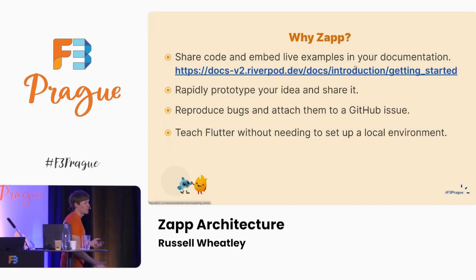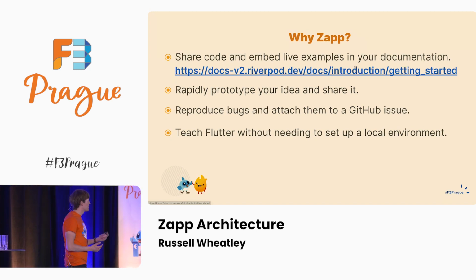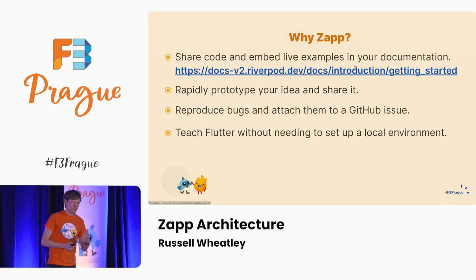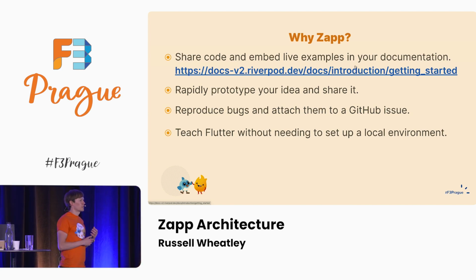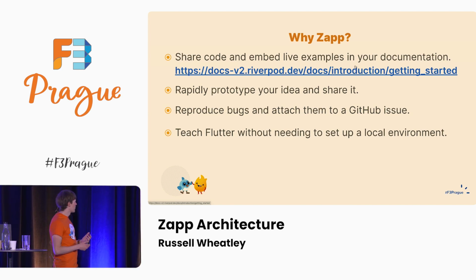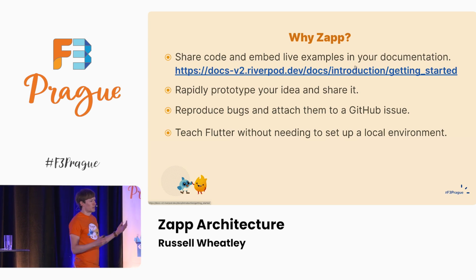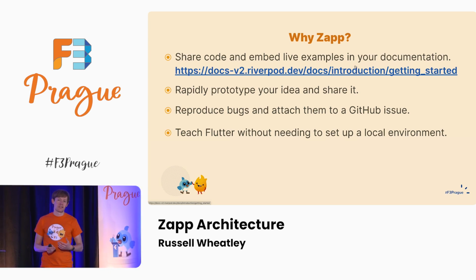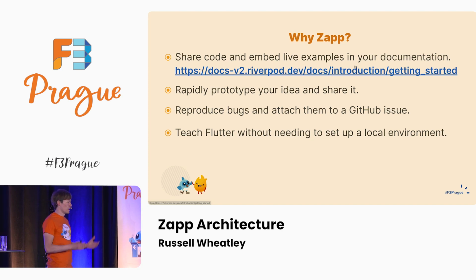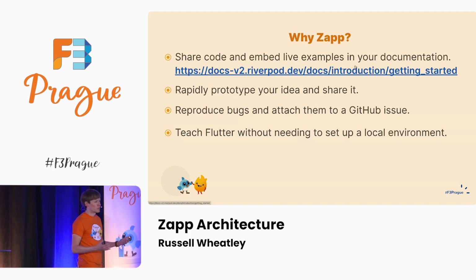Right, so I hope you've got an idea of what Zap is, and so why Zap? Why would you even consider using it? So for us, we feel like there's a number of use cases. The first is if you're a maintainer of a package or a plugin, it's really useful to have Zap embedded in your documentation, because it gives the user an idea of the use case that you're trying to illustrate.